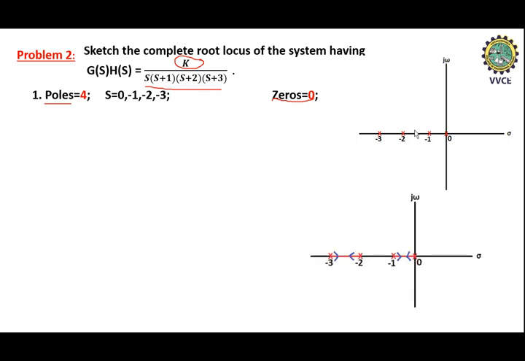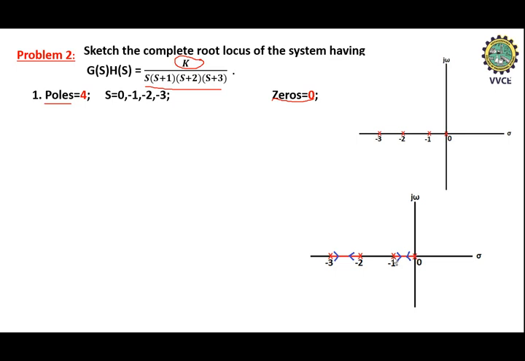Next step is that poles are always the originating points, that is the starting points, and zeros are the ending points. So there are 4 poles here. This pole is at 0 and it is the originating point, meaning the arrow should indicate outwards. So it is starting from 0, ending somewhere else.